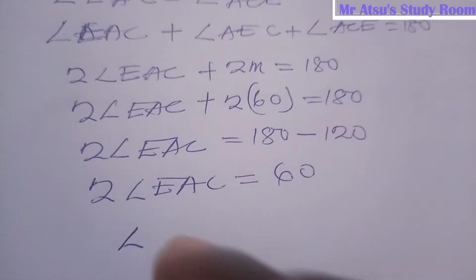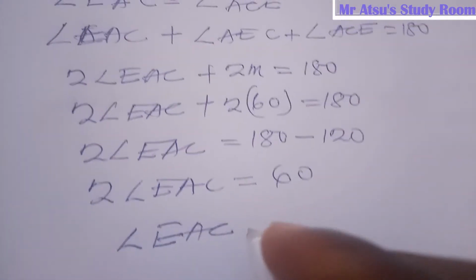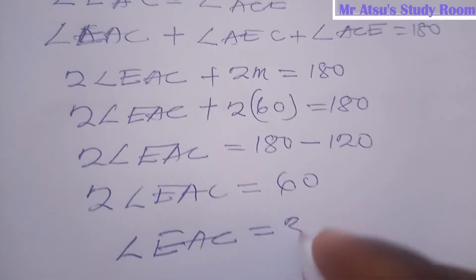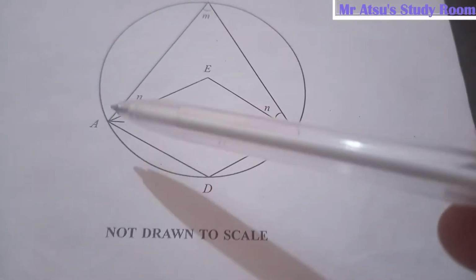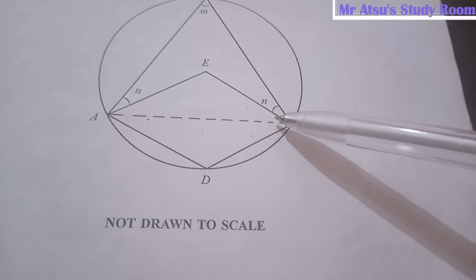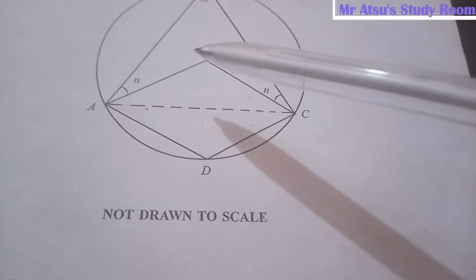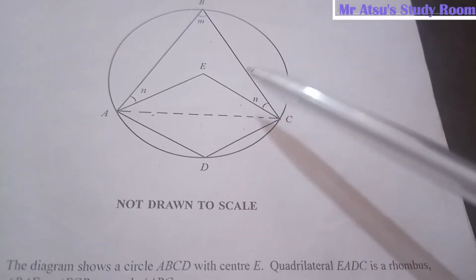Divide both sides by 2, angle EAC will be equal to 30 degrees. It means that here is 30, here is also 30, and then when we add, which will give us 60.